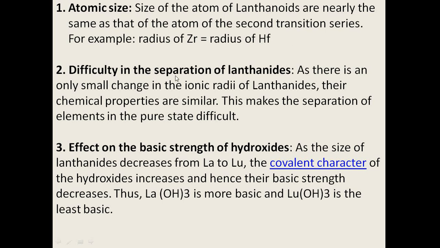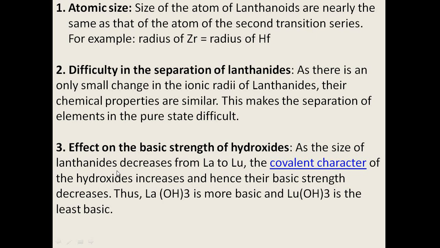Second, difficulty in the separation of lanthanoids. As I told you, as there is only a small change in the ionic radii of lanthanides, their chemical properties become similar. This makes the separation of elements in the pure state more difficult. Then, the effect on the basic strength of hydroxides.